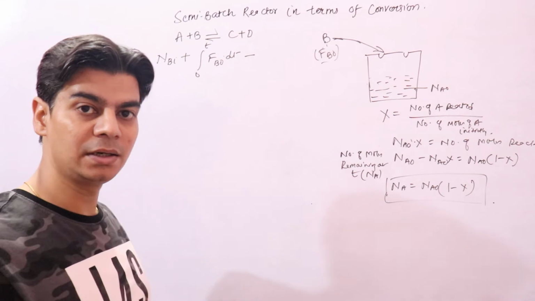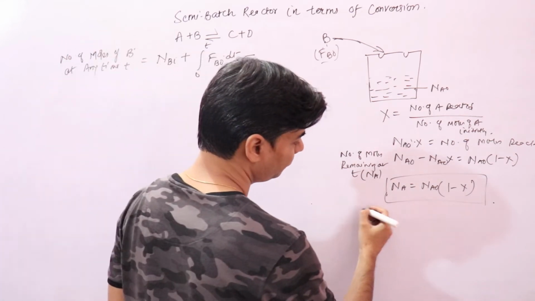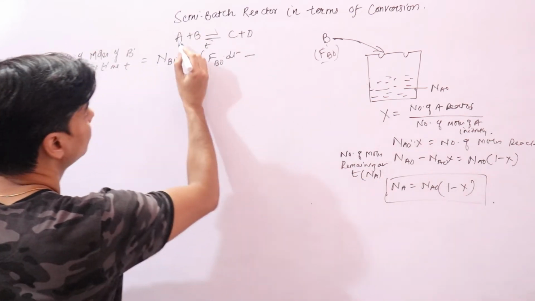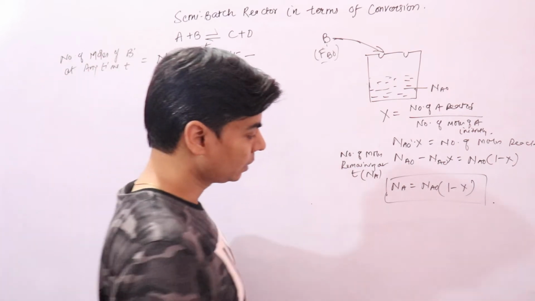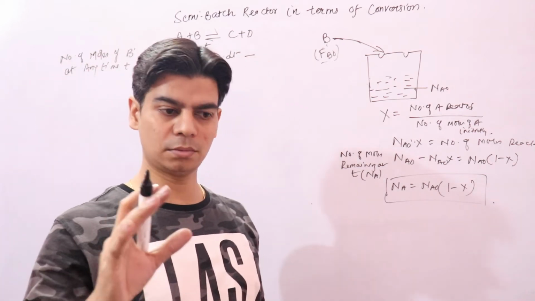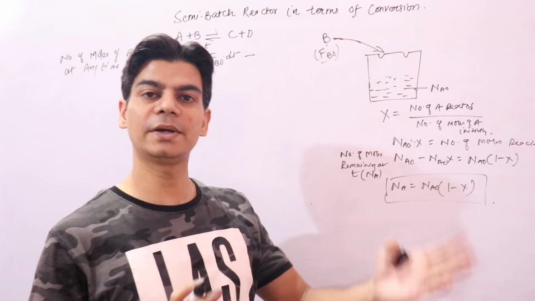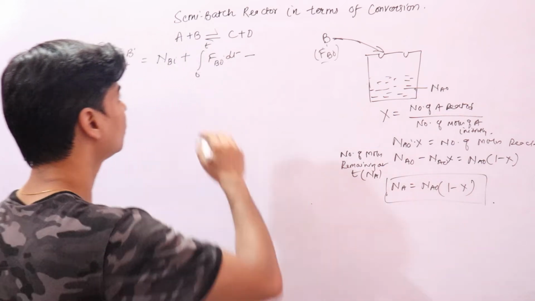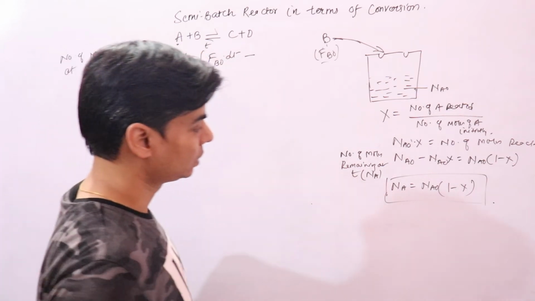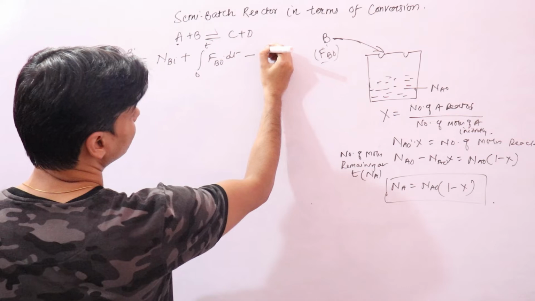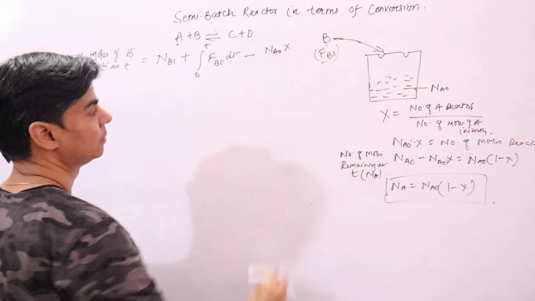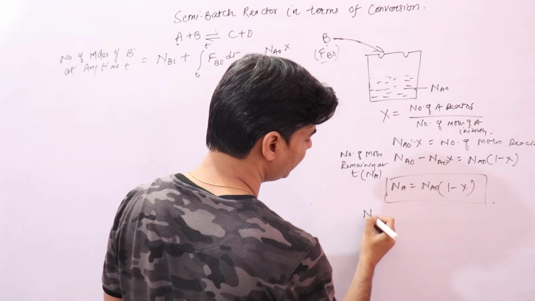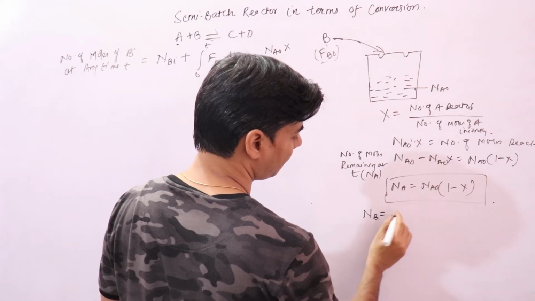Now we will write it in terms of A. If you remember, we have done this earlier, right? How to write down the concentration of other reactants in terms of one of the reactants A. So here we will write it as Na0 X, right? This is your NB.